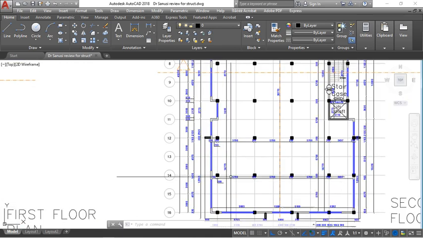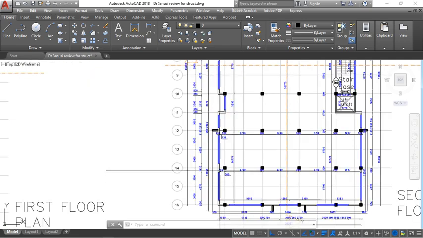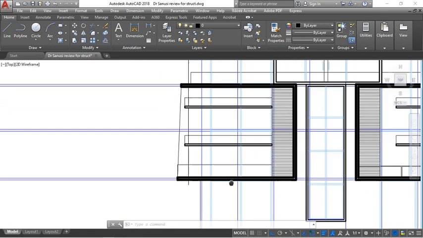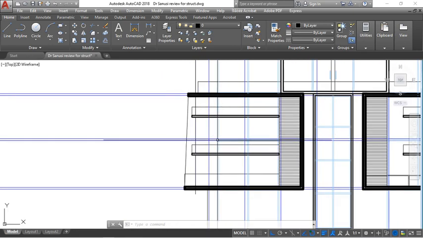So distinctions have to be made, because you can go ahead and model everything thinking that the slab still extends up to this point on the second floor, but looking at the elevation, the slab does not extend.